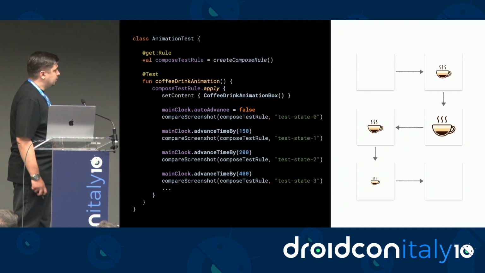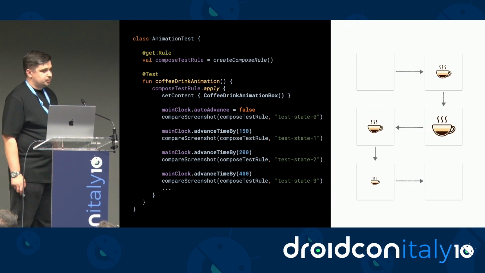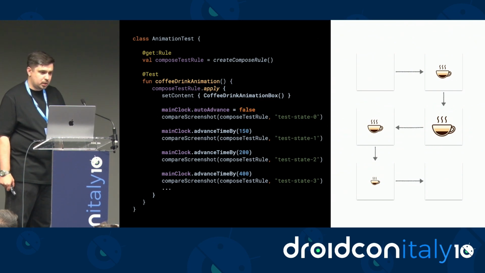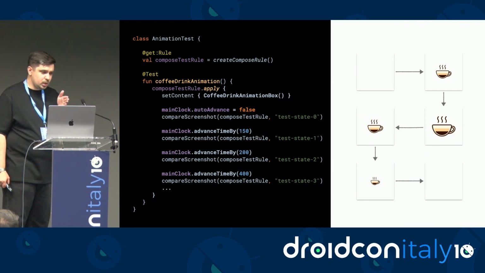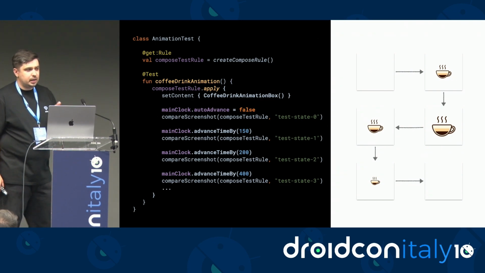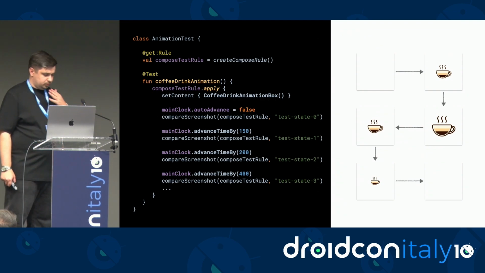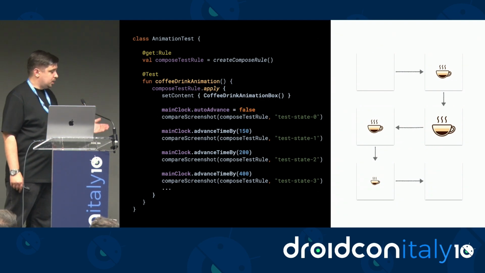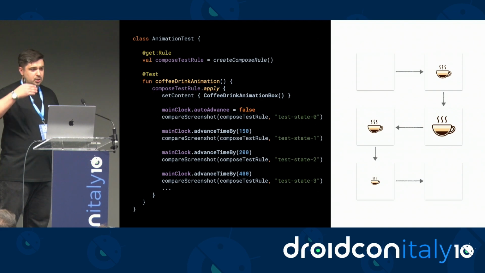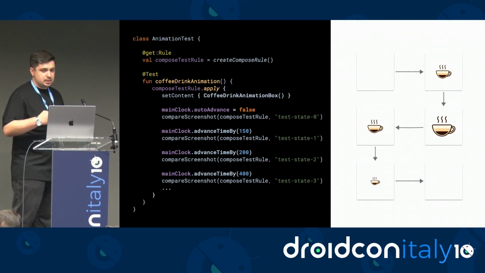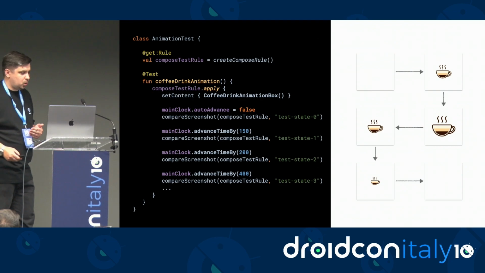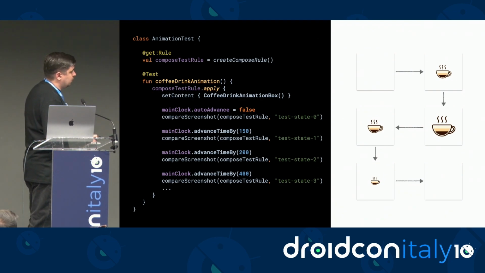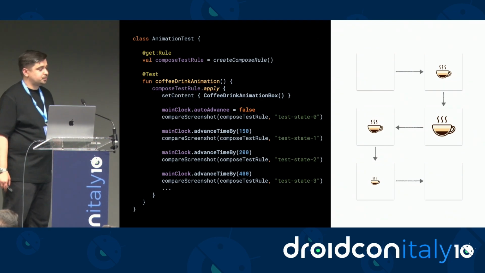So the main idea here is that we should, first of all, pause our virtual clock. It means if it's all-time enabled, you cannot guarantee that your screenshot will be taken at the same time. To guarantee this, we need to stop our virtual clock, and we do it with auto advance equals false.